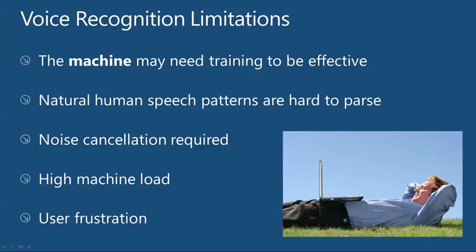And of course, the last one, and not by any means the least, is user frustration. The problem is that we currently have to talk to a computer in the way that a computer understands, not the way that we understand. So we have to talk to it in stilted conversation, give it time to understand what we want it to do, tell it off because it's done it wrong, and then try again.